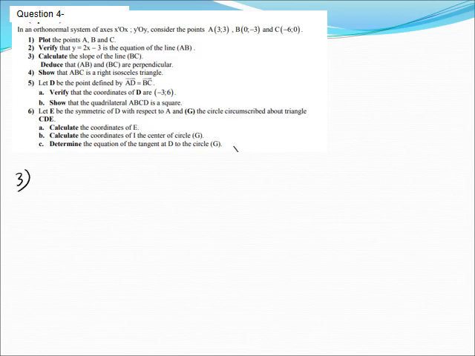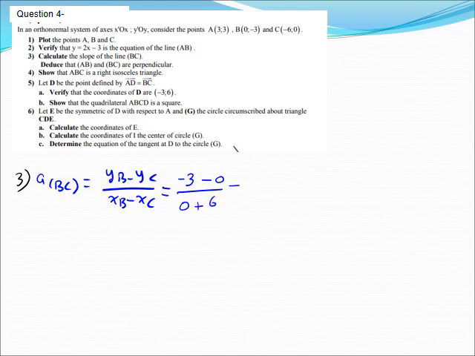Number 3. Calculate the slope of line BC. Slope BC equal yB minus yC over xB minus xC. That is minus 3 minus 0 over 0 minus minus 6, which becomes plus 6. Minus 3 over 6 equal minus 1 over 2.